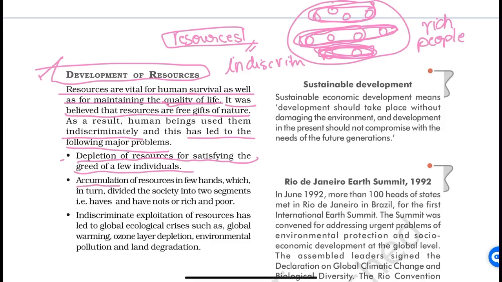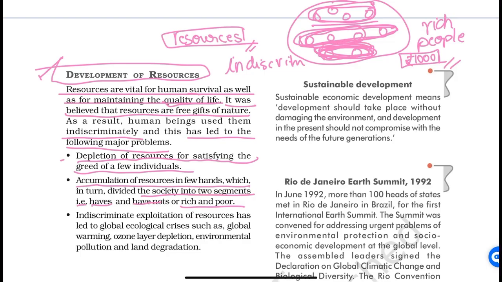The second is accumulation of resources in few hands, which in turn divides society into two segments: haves and have nots, or rich and poor. As I told you before, if a thing is of 1000 rupees, the poor can't afford it, the middle class can't afford this amount, but the rich can.